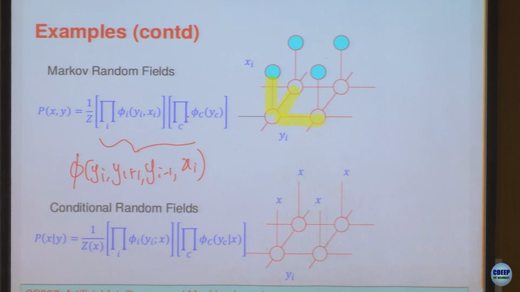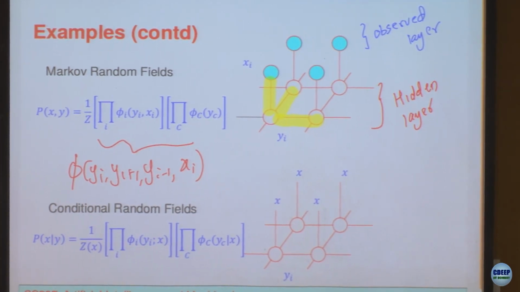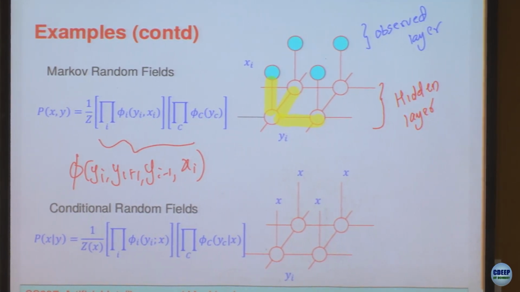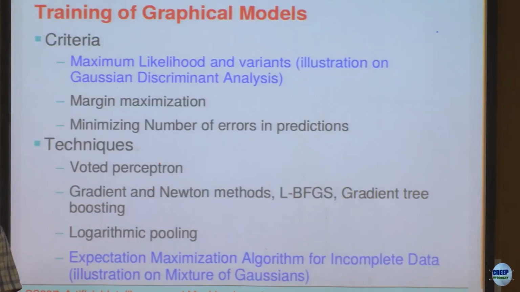One, the neighbors of y, the hidden layer, and you are separating that from the observed layer. Then conditional random fields take it further. They say that we can condition on the entire X. Again, I mentioned conditional random fields when we talked of generalization of logistic regression, but I will not go into it. These are really examples for your understanding.